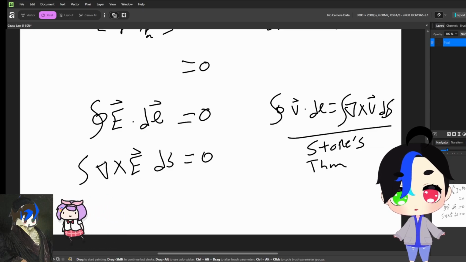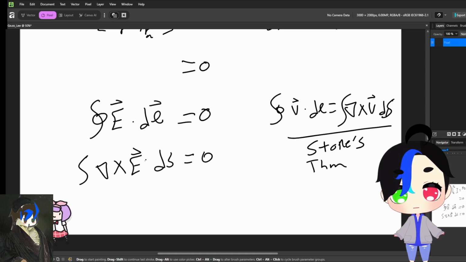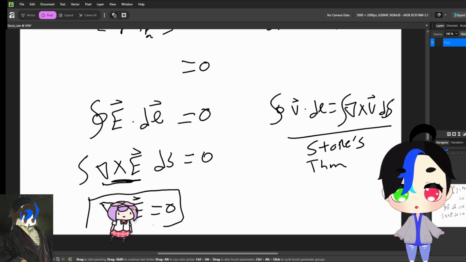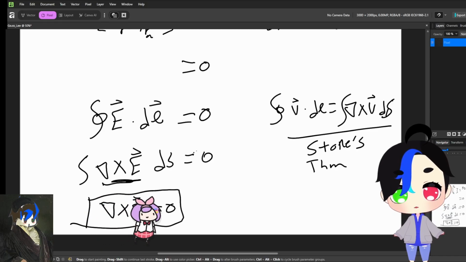The only way for this integral to be 0 always, because again we didn't even specify the path or the surface, is if whatever's inside it is 0. So the curl of E is 0 for a point charge.